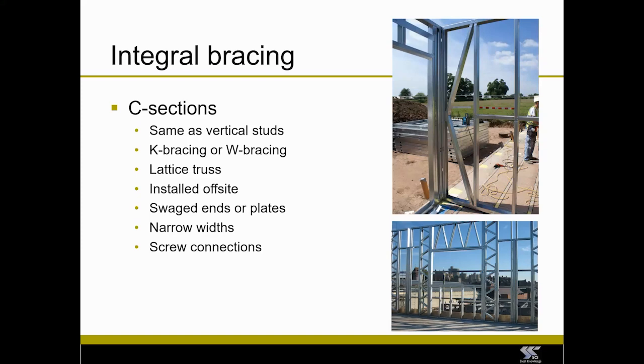If the ends of those members are swayed to become narrower at the ends, then they can fit within the depth of the head and base tracks. That's obviously the neatest form of construction. You can also use gusset plates to form the connections.